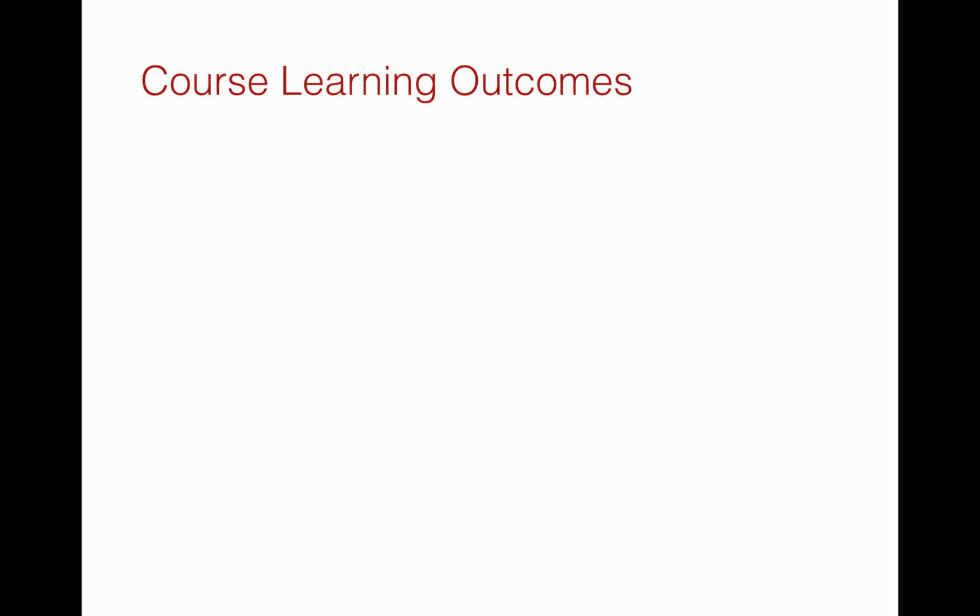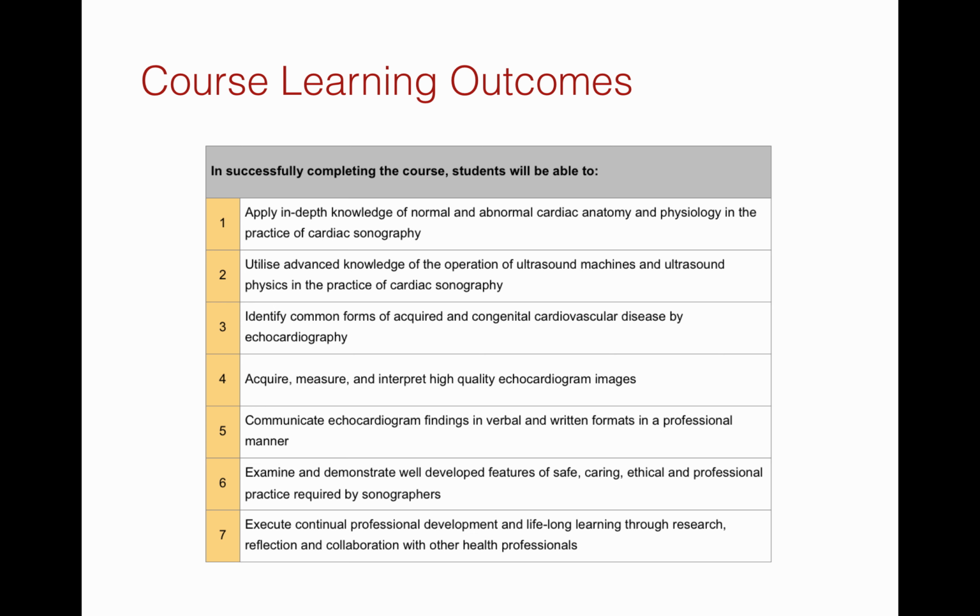Finally, course learning outcomes. There are 7 learning outcomes for the Graduate Diploma in Cardiac Sonography. Clinical supervisors play an important role in helping students to achieve them, especially in the following 3. The development and application of in-depth knowledge of normal and abnormal cardiac anatomy and physiology in the practice of cardiac sonography.